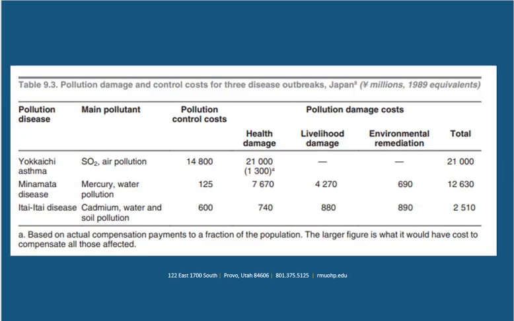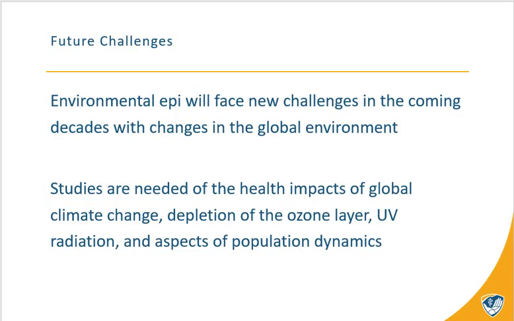So table 9.3 here highlights the 3 different pollution diseases, the pollutants that were involved, the pollutant control costs, and pollution damage costs. And again, what they felt was that doing the prevention, doing the change up front was going to be less expensive than the cost of treating people and changing things after the fact.